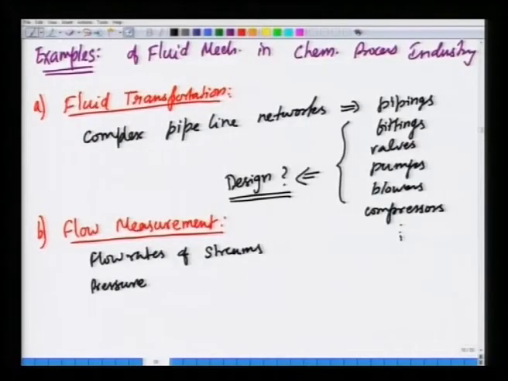So, in order to have a precise control of the chemical process operation, it is important to have flow monitoring devices such as flow meters or even pressure measurement devices. For example, you may have a vessel, and the pressure in the vessel must be below a critical value in order for a safe operation of the vessel.